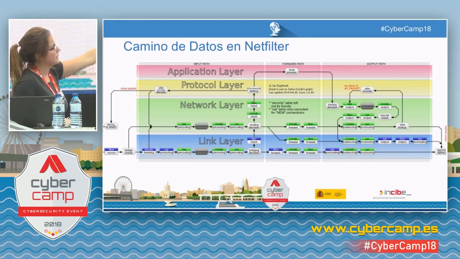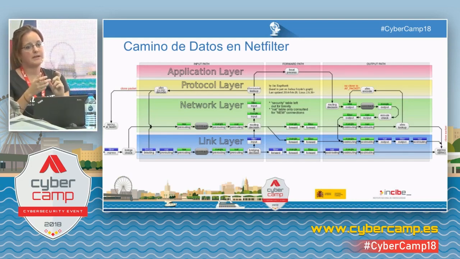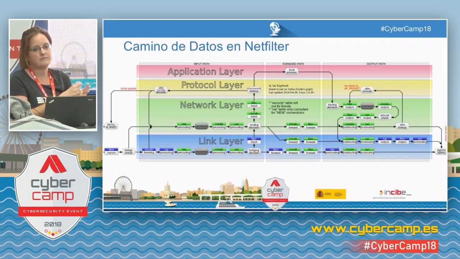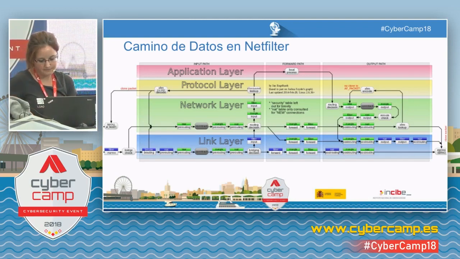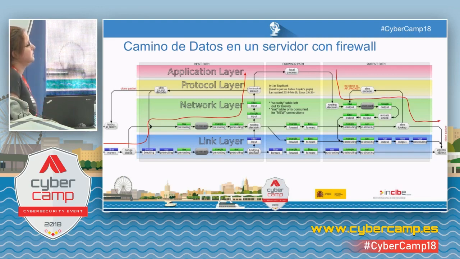Finally, when the packet is ready to come out, we have the output tables here and post routing. That would process the packets so that the data we need would be ready with the origin IP and so on. Let's look at some examples next.